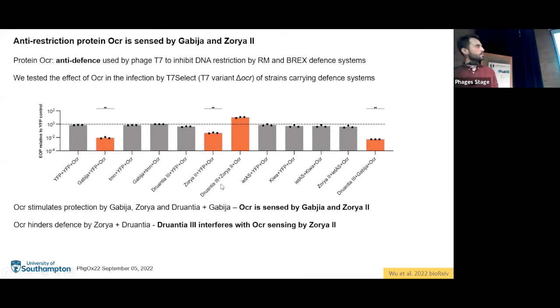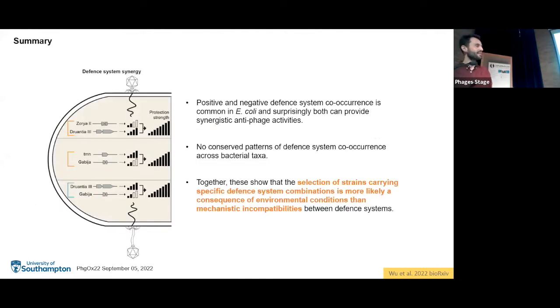We believe that when Druantia is present together with Zorya, although it's a combination that we currently see, if OCR is present, it somehow creates noise in the sensing mechanism of these two defense systems, such that the bacteria, instead of being able to target the phage, is overcome by it.